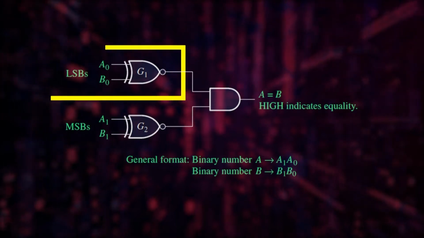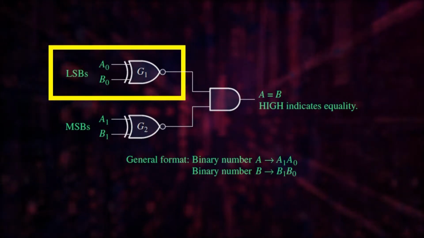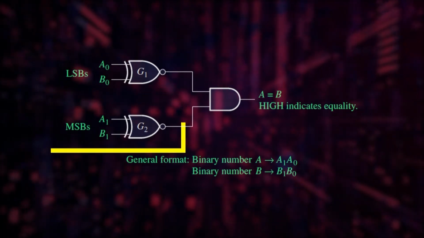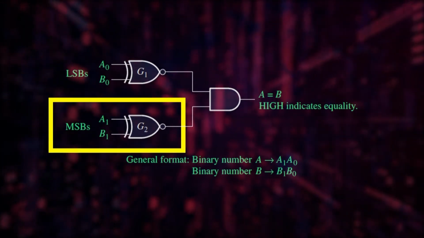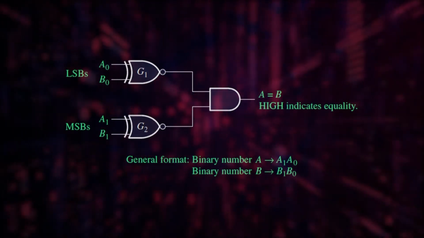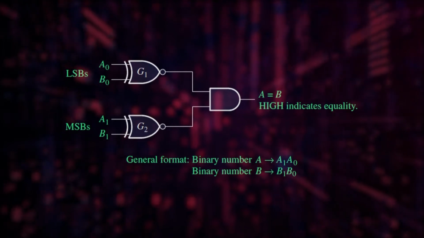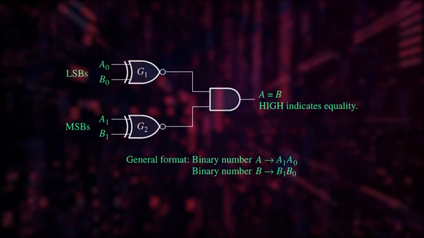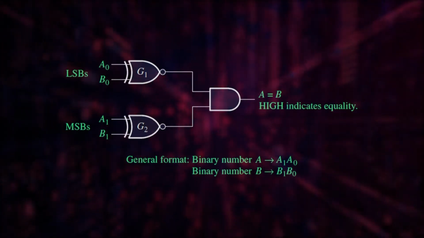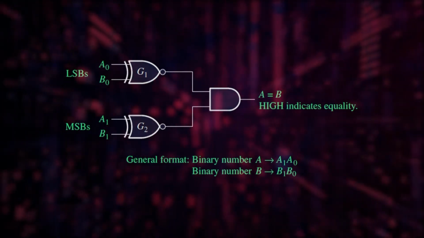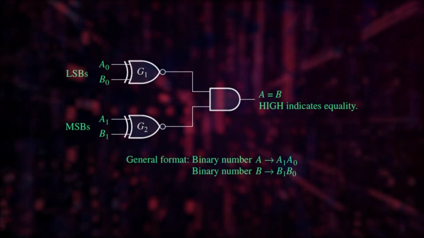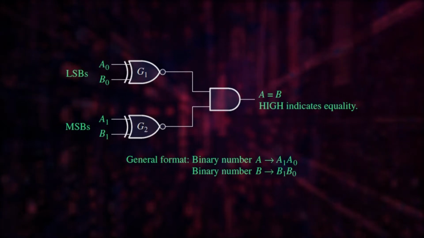The two least significant bits of the two numbers are compared by gate G1 and the two most significant bits are compared by gate G2 as shown in the figure. If the two numbers are equal, their corresponding bits must be the same, and then the output of each exclusive NOR gate will be a 1. If the corresponding sets of bits are not equal, a 0 occurs at the output of the XNOR gate.